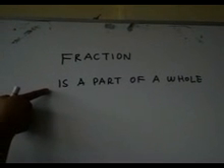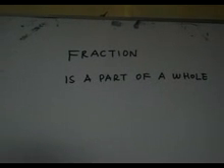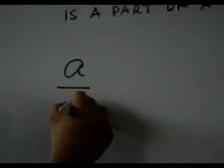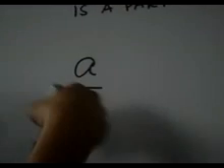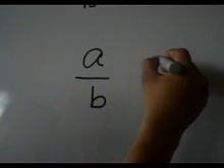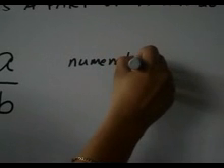Fraction. The definition of a fraction is a part of a whole. Let's assume that this is a fraction, A all over B. This is a fraction. The upper part is sometimes called your numerator.